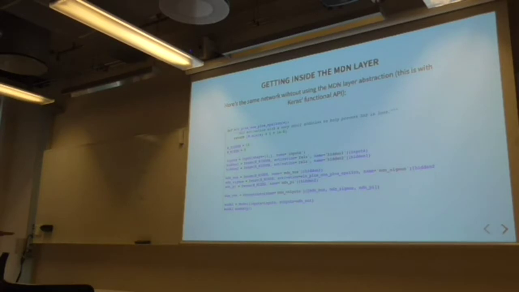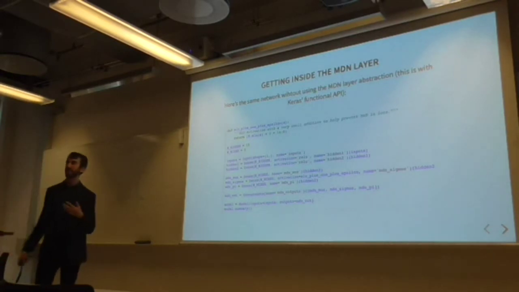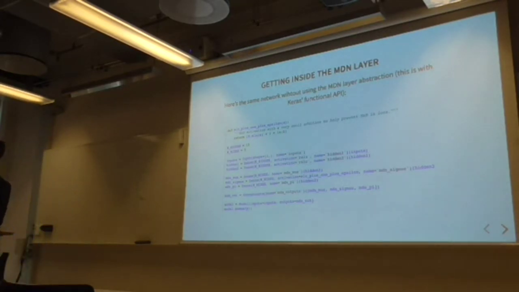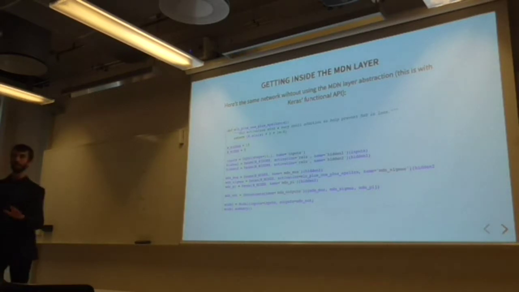We've got 5 minutes left really. So I told you that I used this secret sauce MDN implementation because I've got my own implementation in Keras. The reason I did that is because I wanted to have the best MDN I could make.